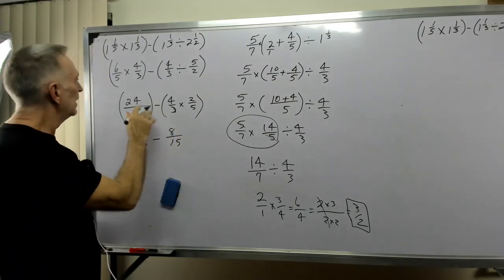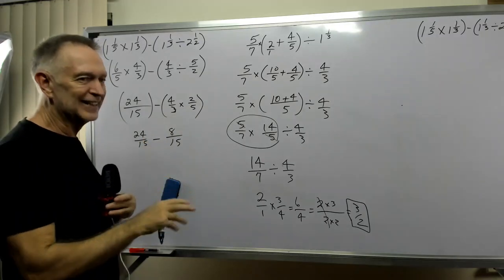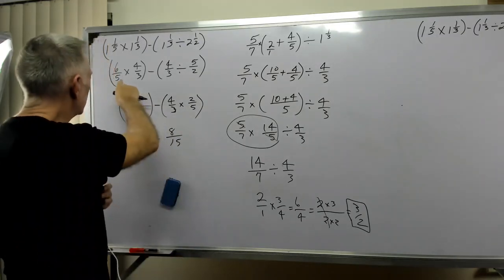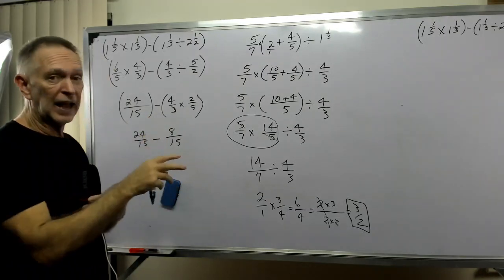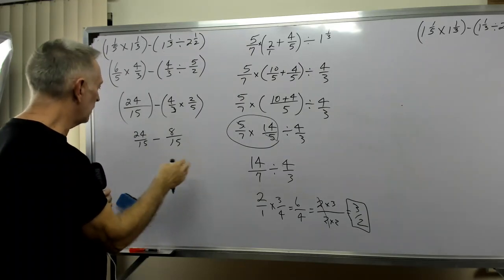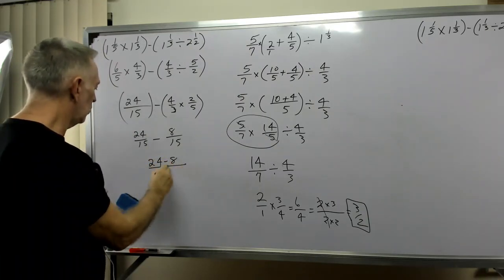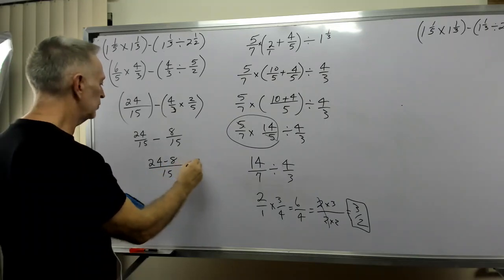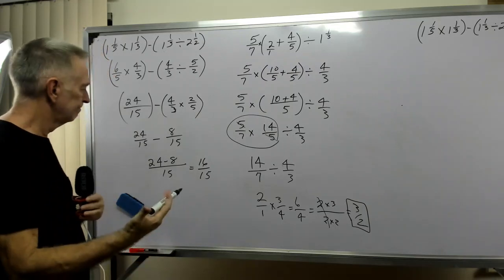That's why I just happened to notice that. I didn't have to get the least common multiple, because when I multiplied, I was going to end up with factors, the denominator, that were common. So now I have 24 minus 8 over 15 equals 16 over 15. All right.